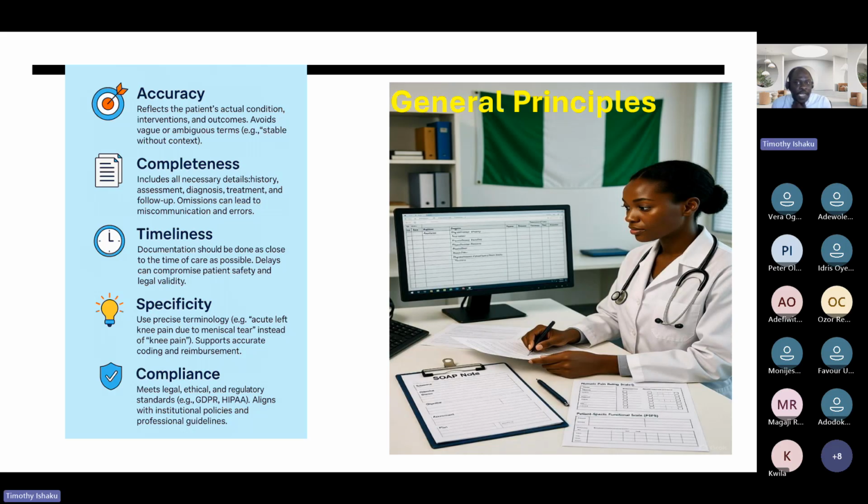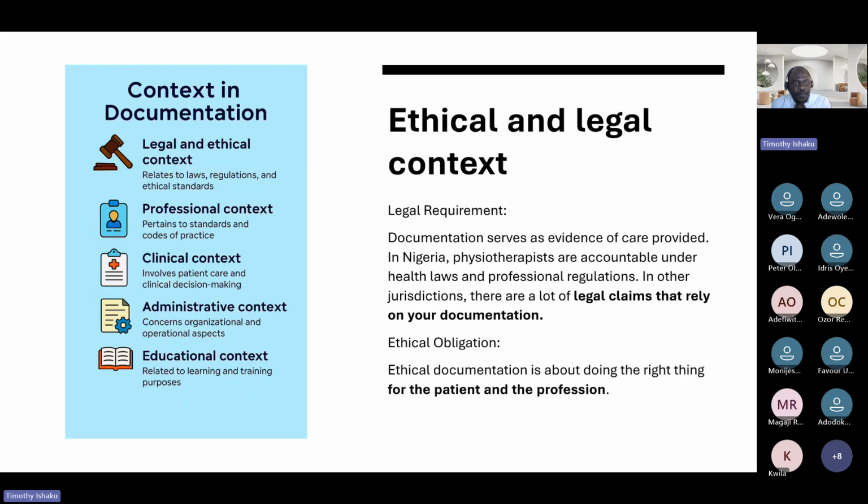So compliance, accountability, identification of information, and possibly use of a standardized format. The general principles: accuracy, completeness, timeliness, specificity, and compliance. Yes, we are doing that, but if there are areas you feel you could improve, it's a good point for us to reflect on what we're doing.